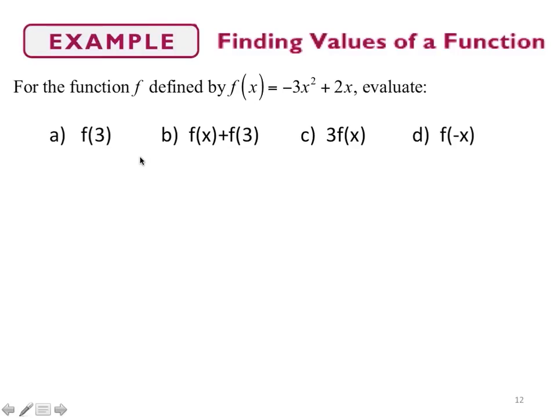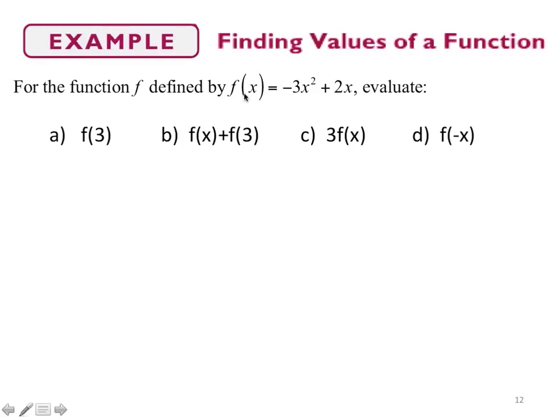Okay, so here are some ways that we might start to use this function notation. For the function defined by f of x equals -3x squared plus 2x, we want to evaluate the following things. The first thing we're going to find is f of 3. If you recall, we have this f of x notation.